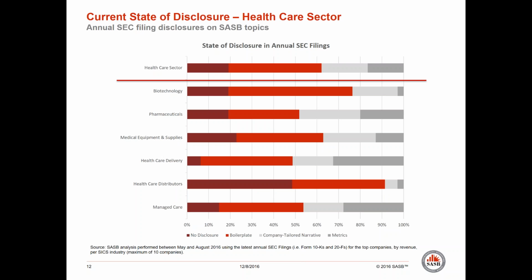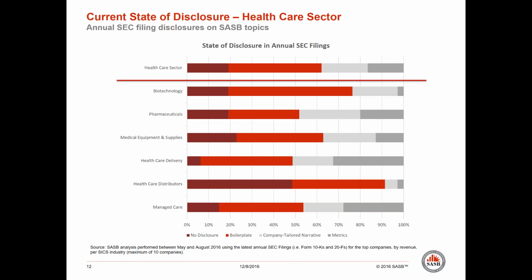No disclosure suggests that companies are not currently talking about the issue. Boilerplate suggests that they are mentioning the issue, but in a non-company specific or non-industry specific way. The third category is company-tailored narrative, which suggests that the company is using more company-specific or industry-specific language to discuss an issue. And then the fourth category, of course, is metrics, and that's ultimately what we're hoping to move towards.